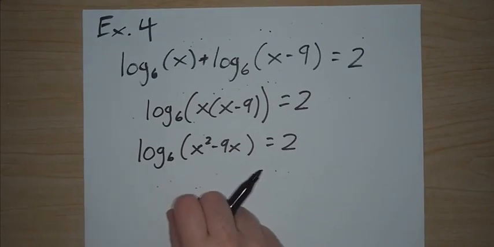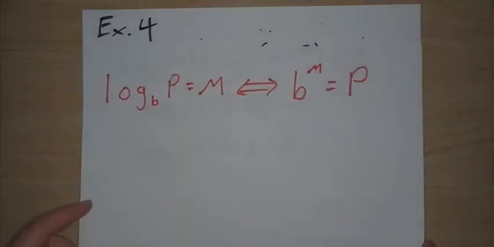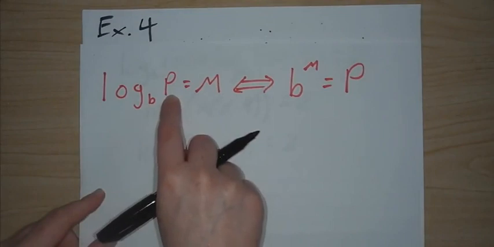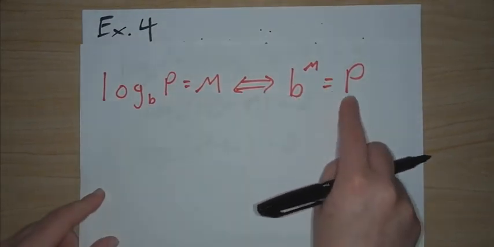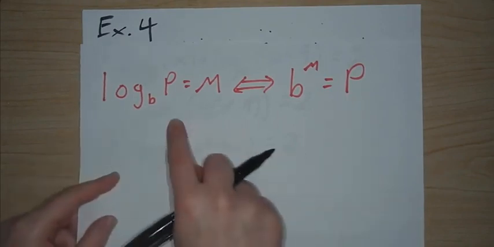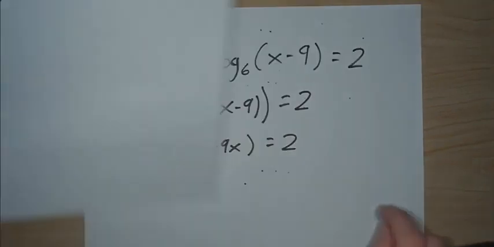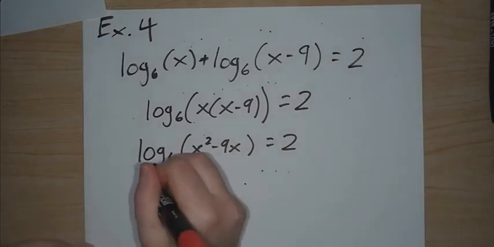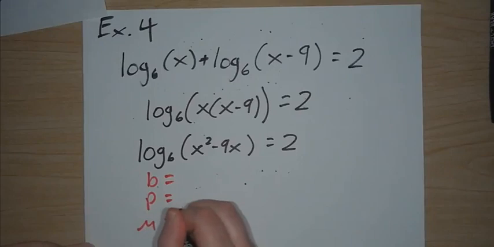So we need to get this out of a logarithm. And the way we do that is we're going to put it in exponential form using this equivalency formula right here. So if you have log base b of value p is equal to m, that's the equivalent of b to the m is equal to p. So we're going to find what our b, p, and m are and then put them in this format.